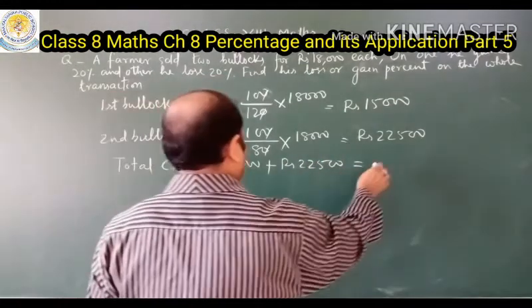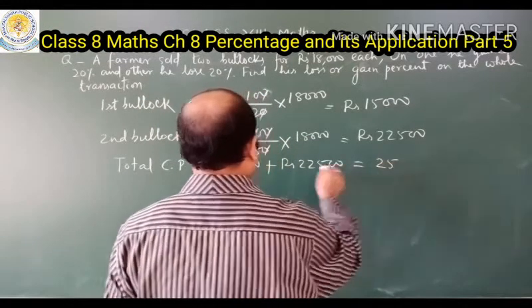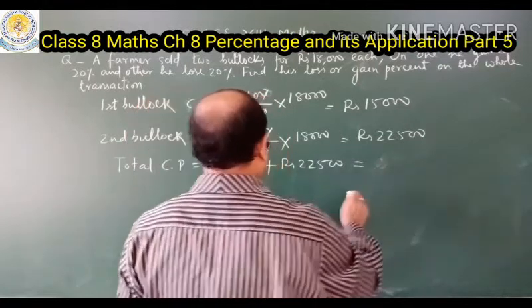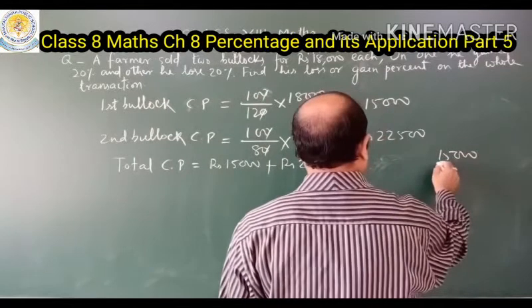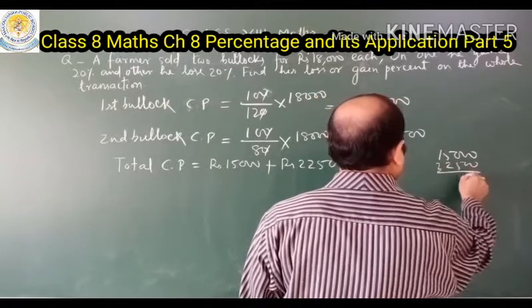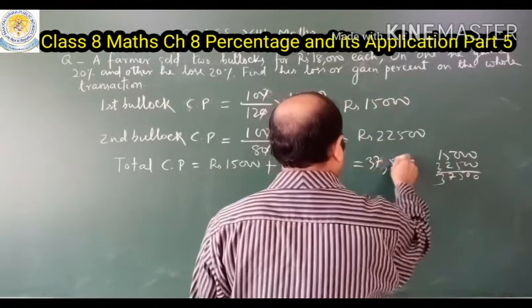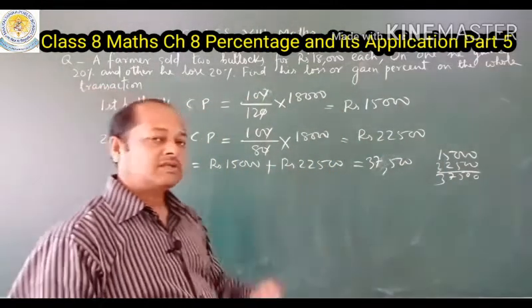So 15,000 plus 22,500 is 37,500. Okay, so the total cost price is equal to 37,500.